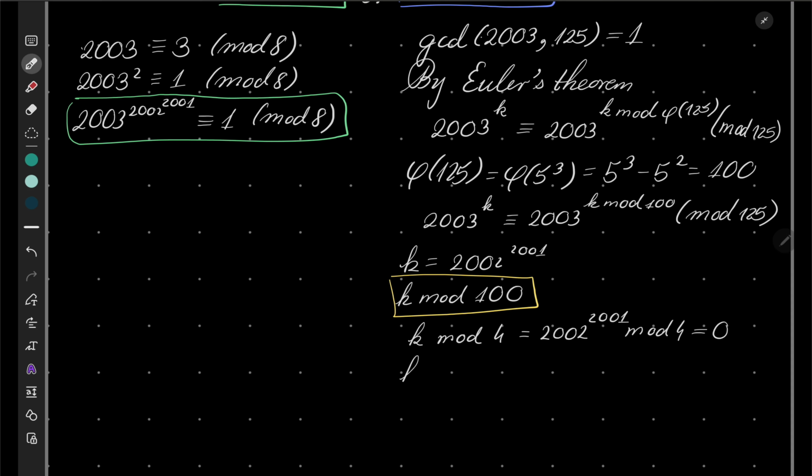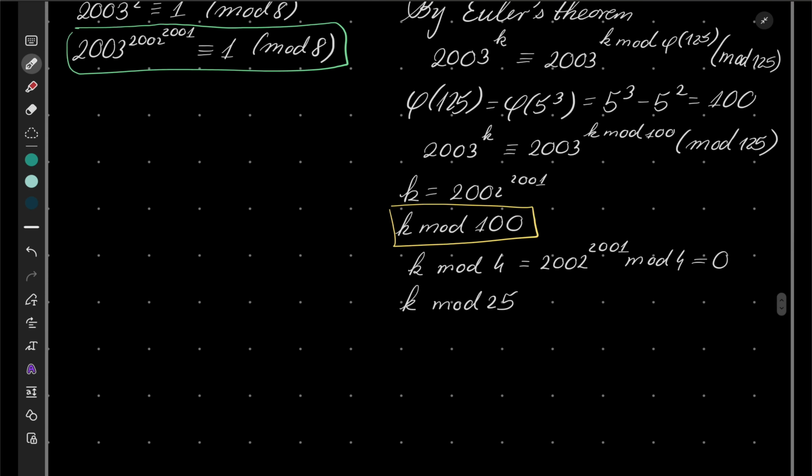Okay? Second step, k modulo 25. It will be harder. How can we find k modulo 25? Well, again, by Euler's theorem, k to any power L is congruent to k to the power L modulo phi of 25, modulo 25.